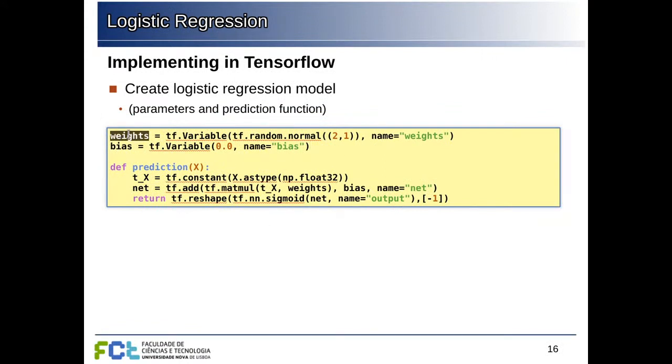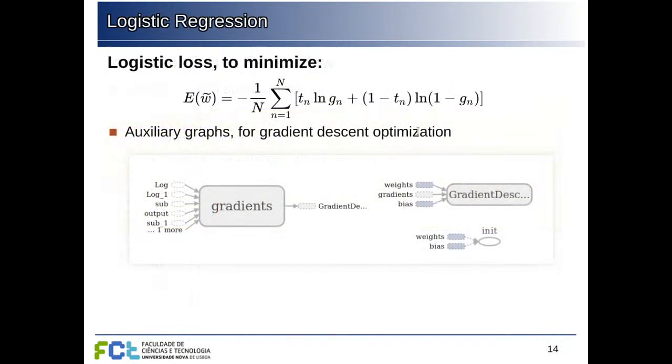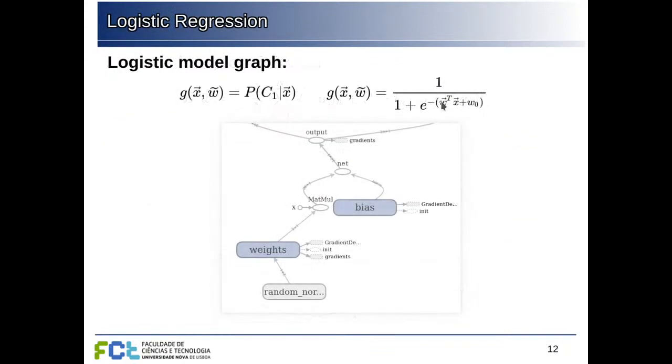The weights will be a TensorFlow variable that starts with this shape and is initialized by the random normal. So this shape is 2 rows and 1 column, so that we can easily compute this expression here, multiplying the weights by the inputs, using just a single matrix multiplication.